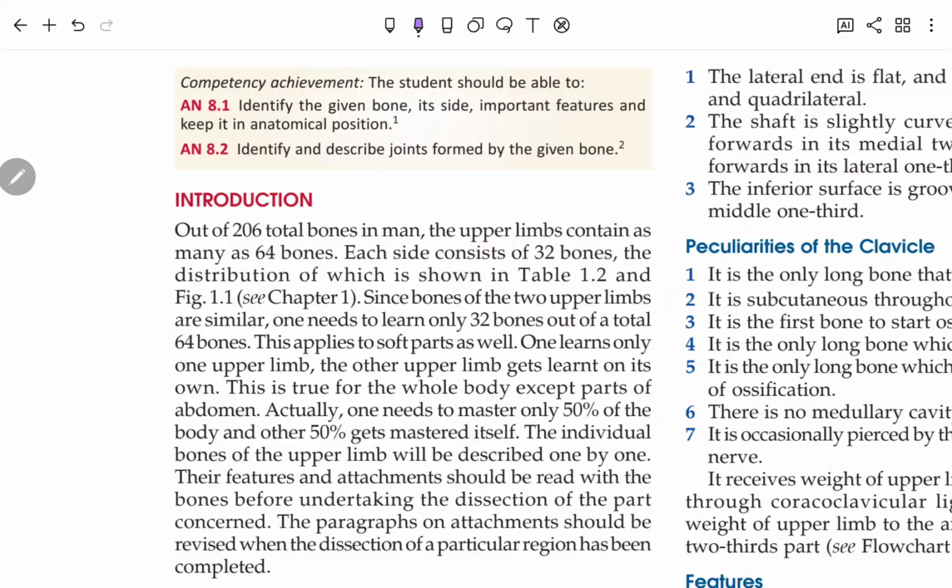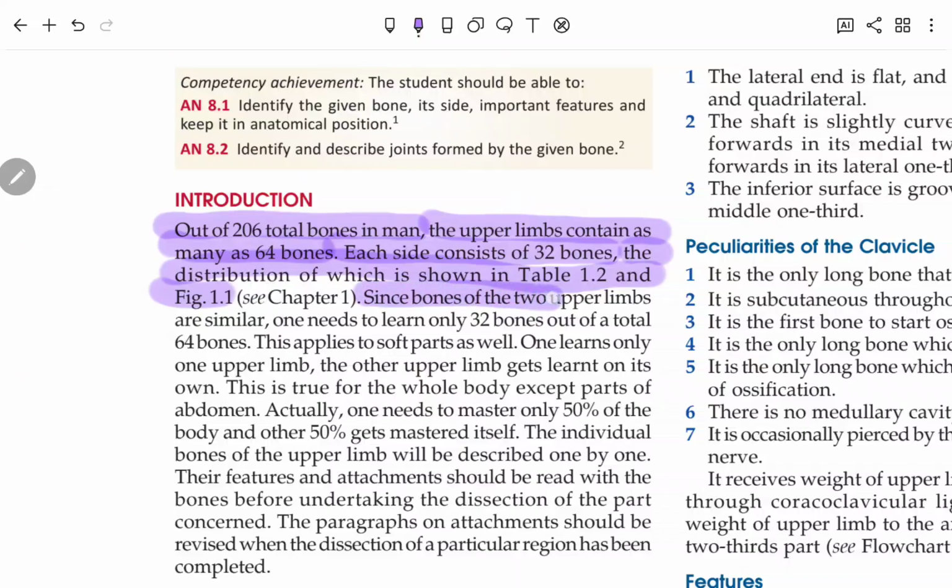First, introduction. Out of 206 total bones in men, the upper limb contains as many as 64 bones. Each side consists of 32 bones, the distribution of which is shown in table 1.2 and figure 1.1, which we discussed in the introduction part.